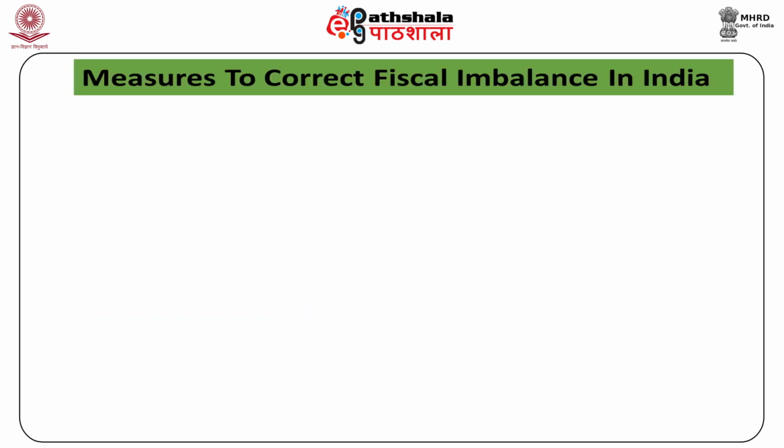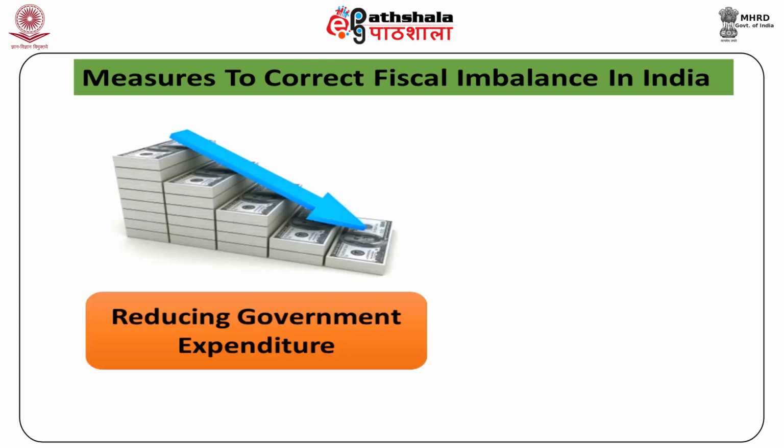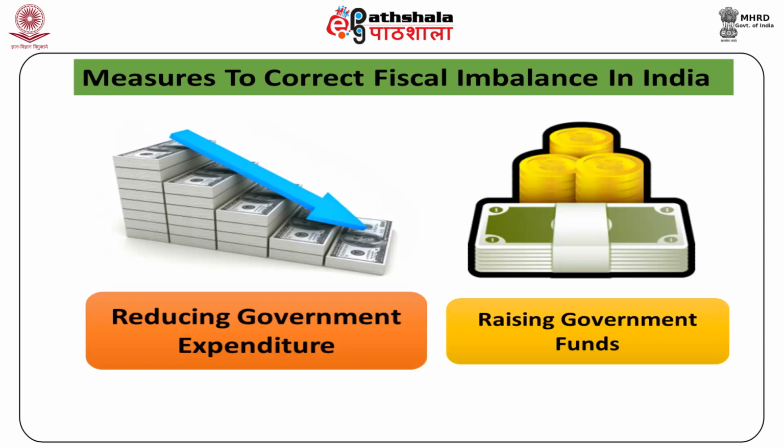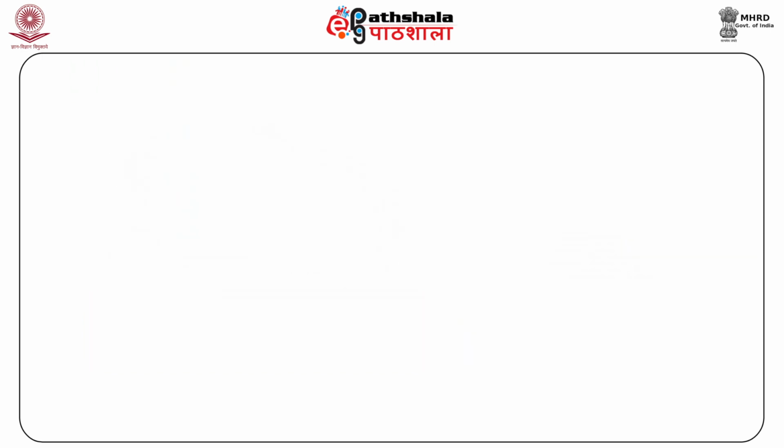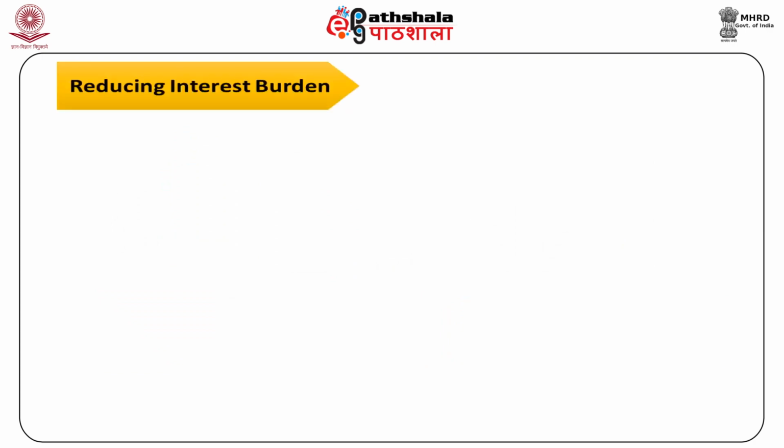Let us now discuss how fiscal imbalance can be controlled. Fiscal imbalance can be corrected by 1. Reducing government expenditure. 2. Raising government funds. Let us discuss these measures individually. Reducing government expenditure. Reducing interest burden.